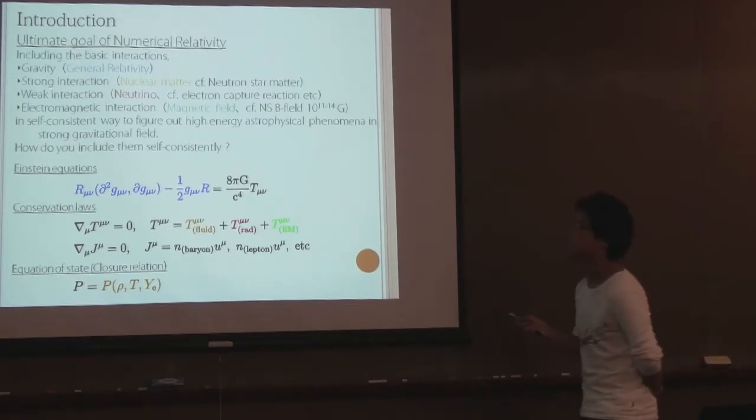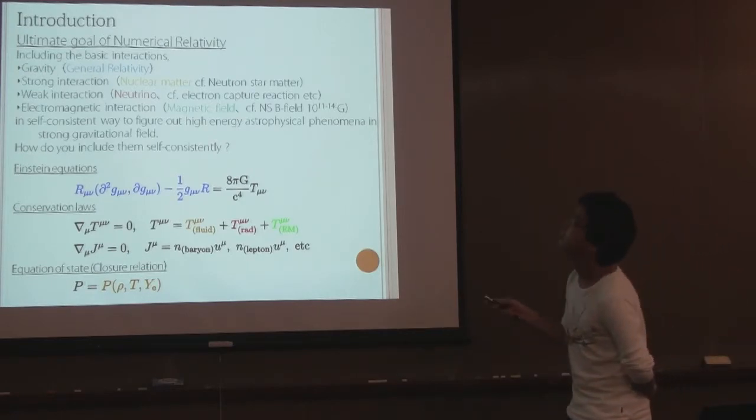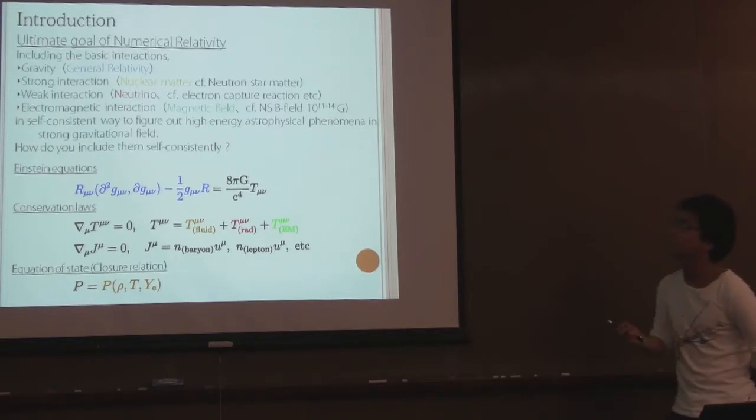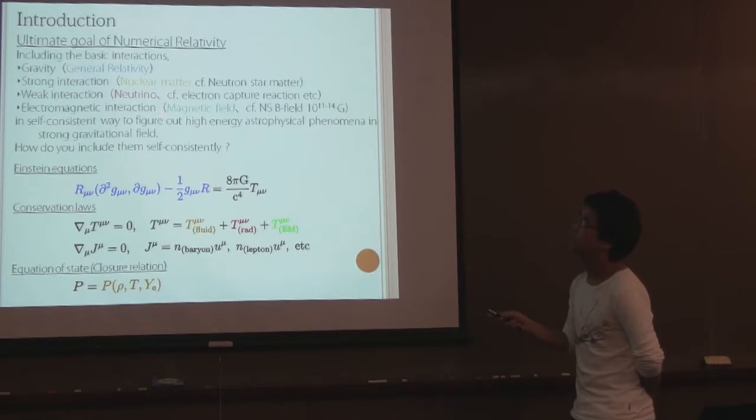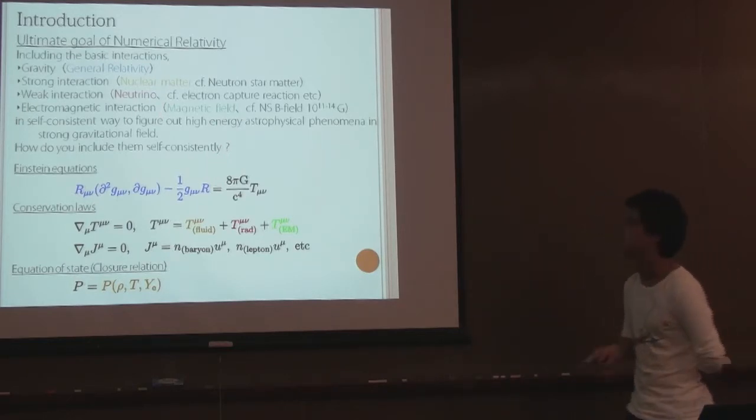Our research target is high energy astrophysical phenomena, such as compact binary mergers composed of black holes or neutron stars, or supernovae, or black hole formation by massive stellar collapse.